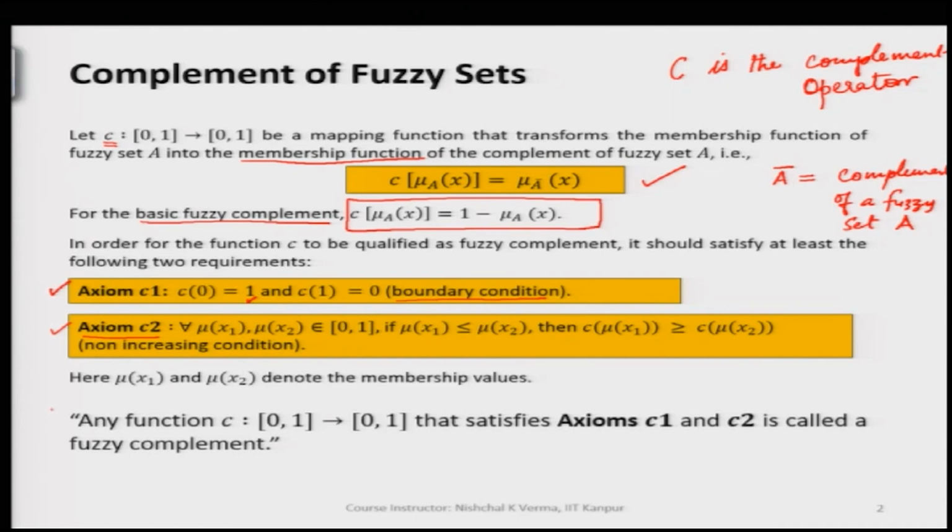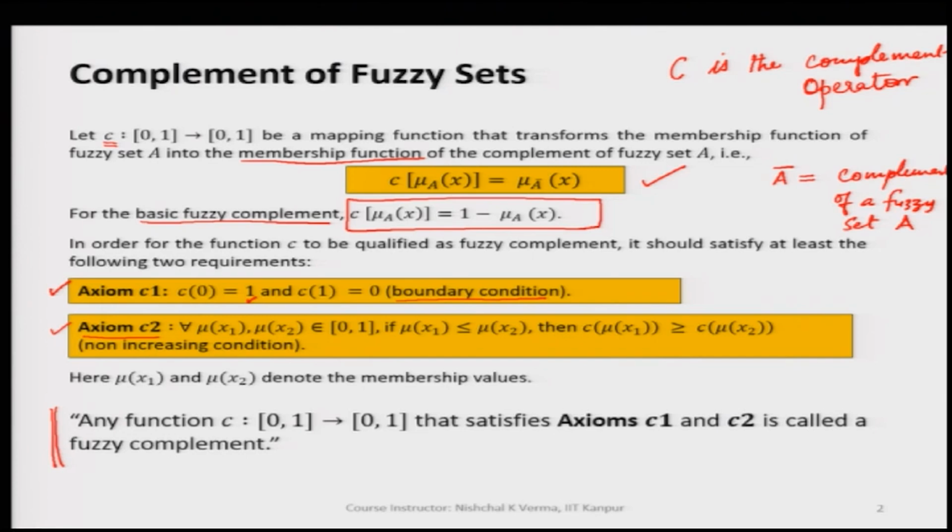In other words, we can also say, as it is mentioned here, that any function C, either we say function or operator, both convey the same meaning. So, any function C such that range 0 to 1, this is for the membership value.